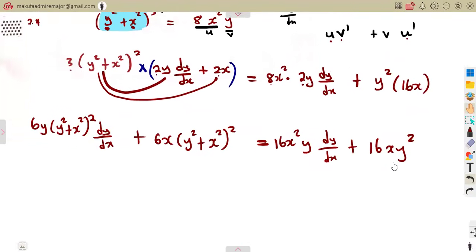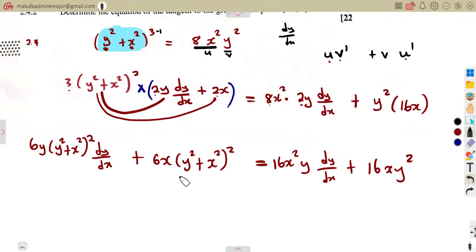There is a dy dx, like I said, common. So we are going to take these 2 terms. I'm going to take this part with the dy dx, meaning to say I'm going to transpose it to the left-hand side to where this other dy dx is. So already on the left-hand side, there is 6y into y squared plus x squared squared, dy dx.